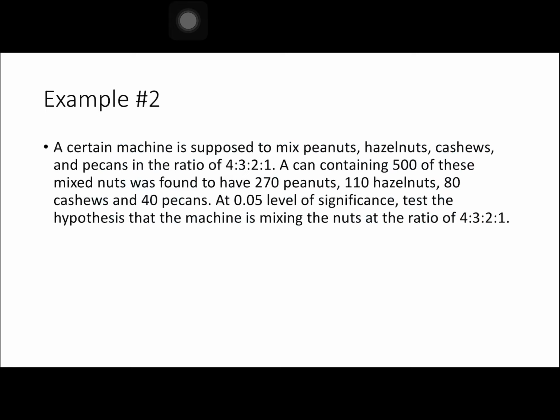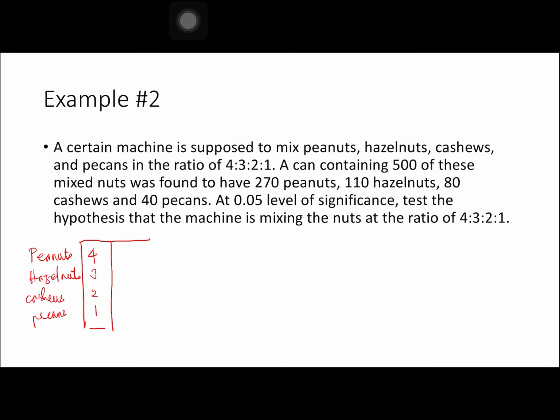So we can make a table. This one is for the peanuts, the hazelnuts, and then cashews, and then pecans. So our ratio is 4, 3, 2, 1.